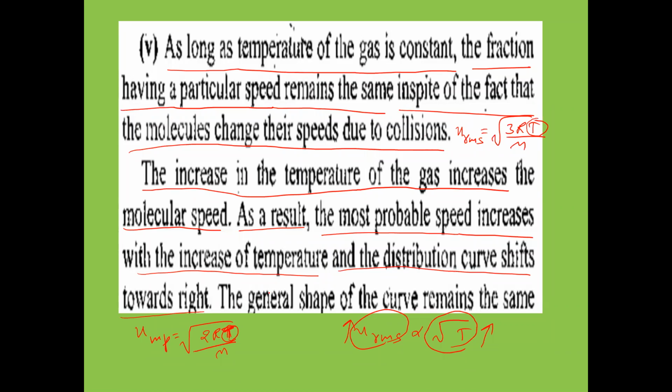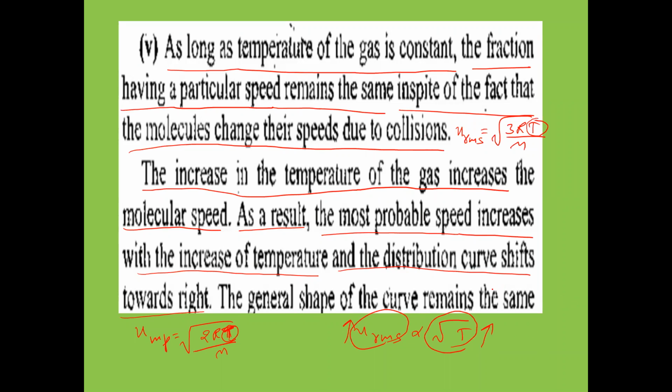Means at low temperature, the height of the peak will be more. At high temperature, the height of the peak will become less. We get another curve at high temperature. So the high temperature curve will have less height than the low temperature curve. That means the curve is shifting towards the right side. So the general shape of the curve remains constant.